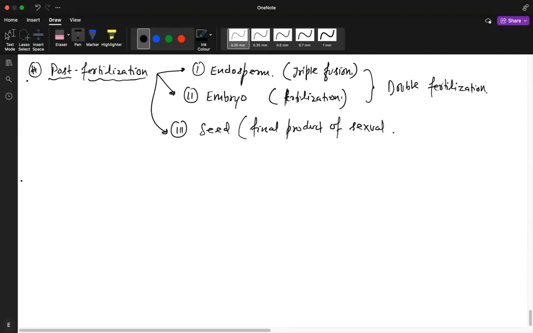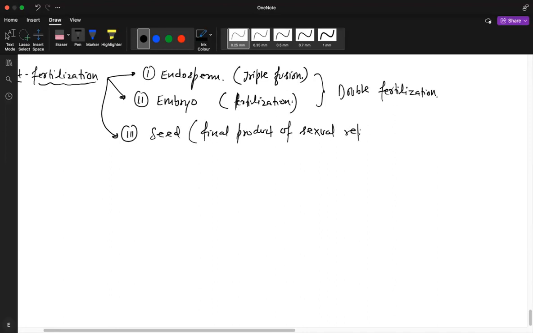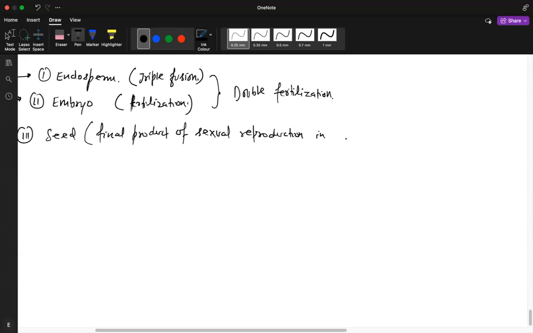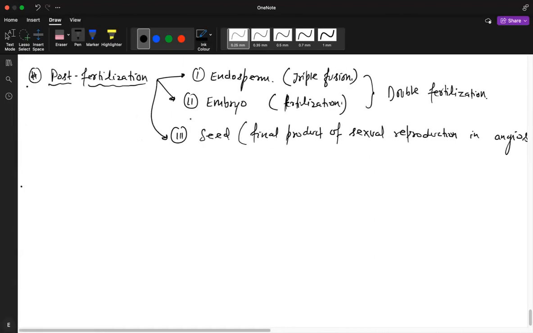Final product of sexual reproduction in angiosperms. Okay. So talking first about the endosperm, you already know things about it. You know how it is produced.